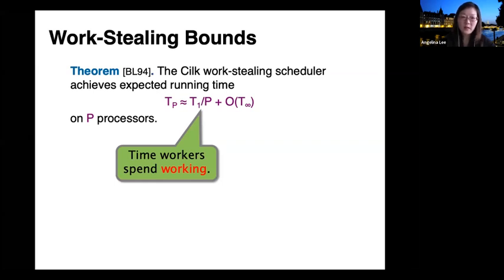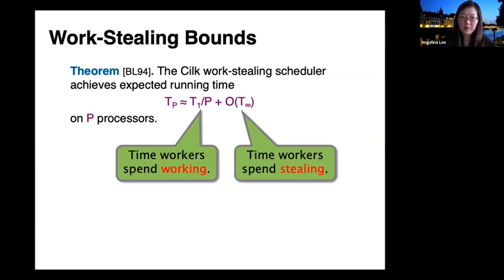The first term corresponds to the time workers spend working. On the other hand, the T infinity term, roughly speaking, is the time workers spend stealing. In particular, the overhead in front of the span term that is currently hidden in the big O notation roughly corresponds to the overhead of a steal.